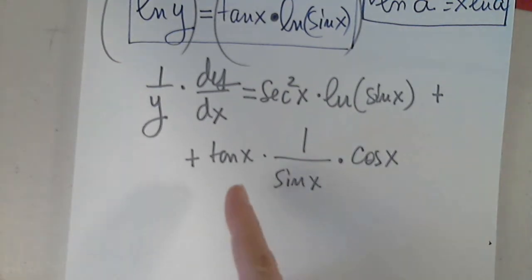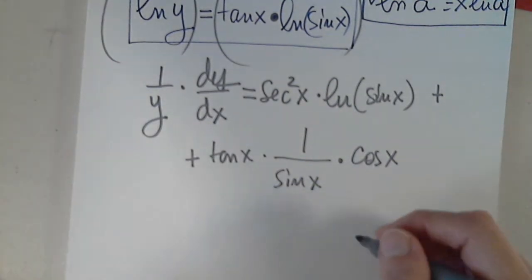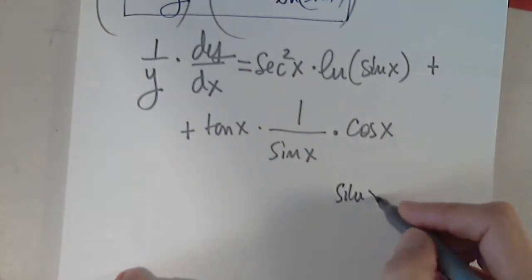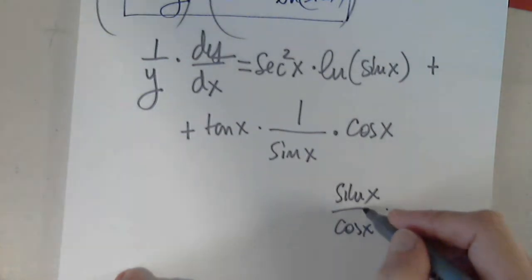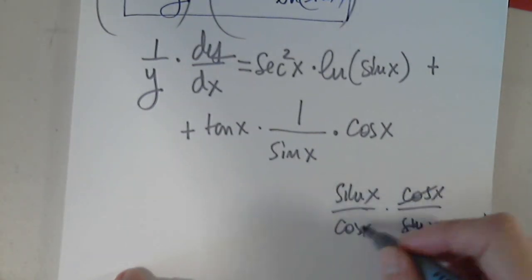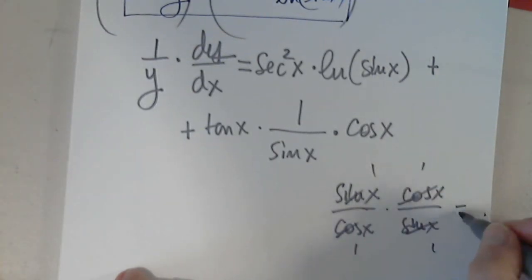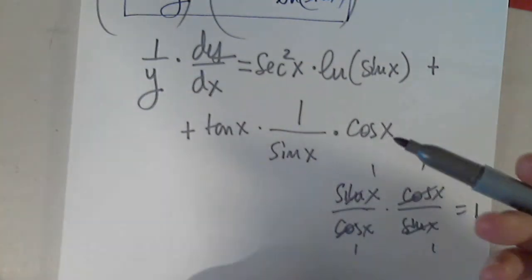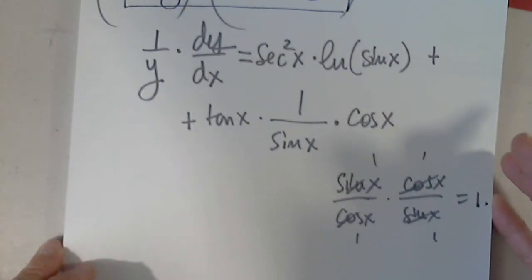I want to caution you that this is tangent multiplied by cotangent. So I'm going to calculate on the side. Tangent is sine x over cosine x, and cosine x over sine x, as you see, it's 1. Every time you multiply tangent by cotangent, because it's a multiplicative inverse, you get 1.